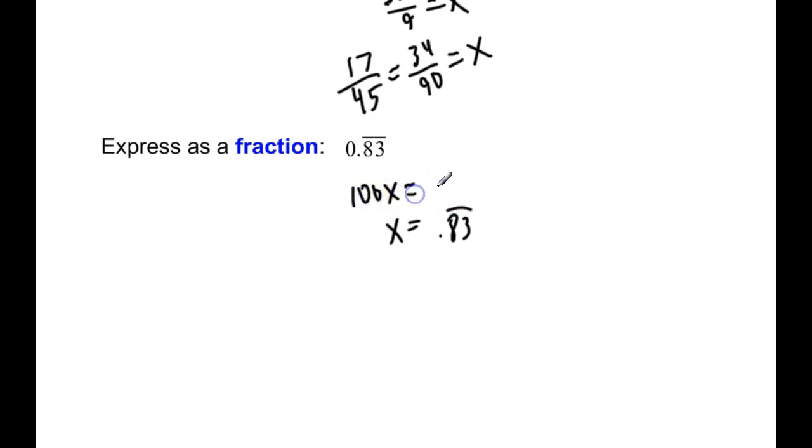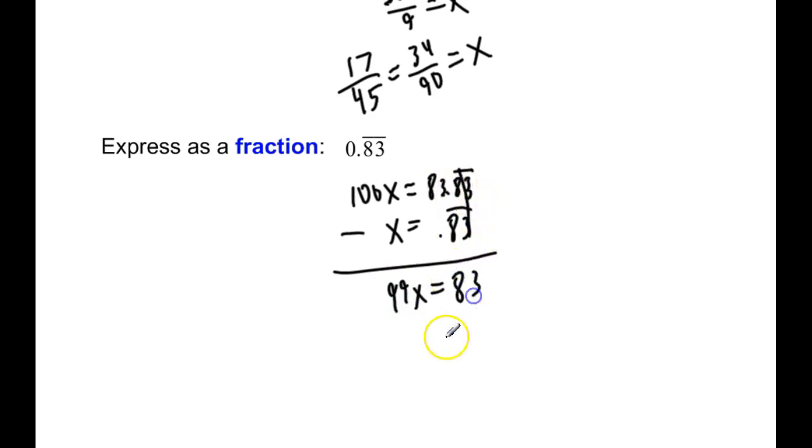Multiply by 100, which moves it over 2 decimal places, 83.83 repeating. These cancel when you subtract. You get 99x equals 83. So x equals 83 divided by 99. You need to be able to solve this by hand for the quiz and the test here.